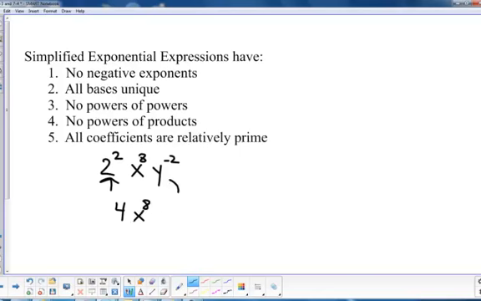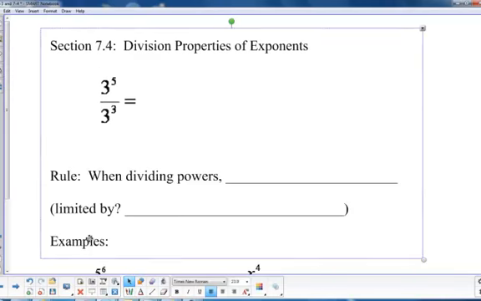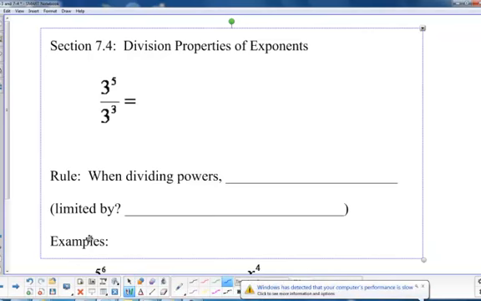And you would want to move that to the denominator to make it a positive exponent. All right, so this section is about negative exponents, and from here on out, you really don't want to have negative exponents at all. I kept saying in the other one it's not a huge deal, and now it is, because this is where you learn that a negative exponent needs to become positive.